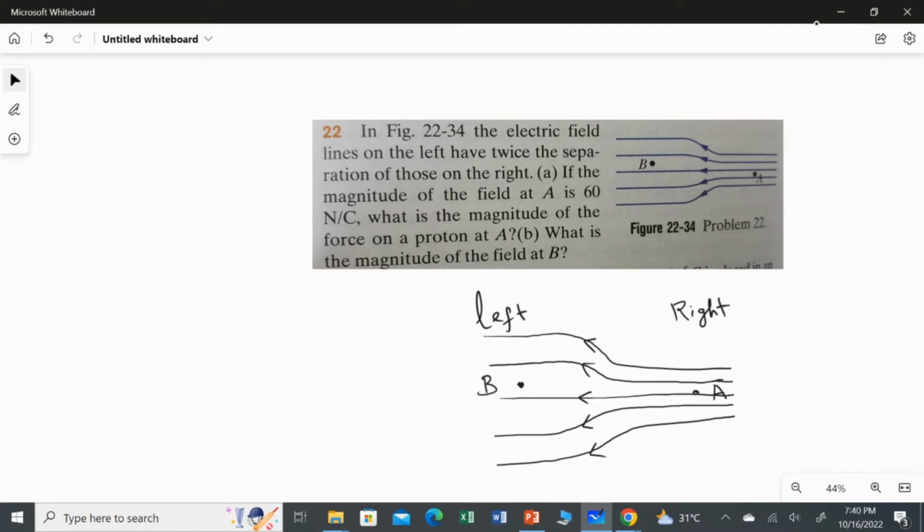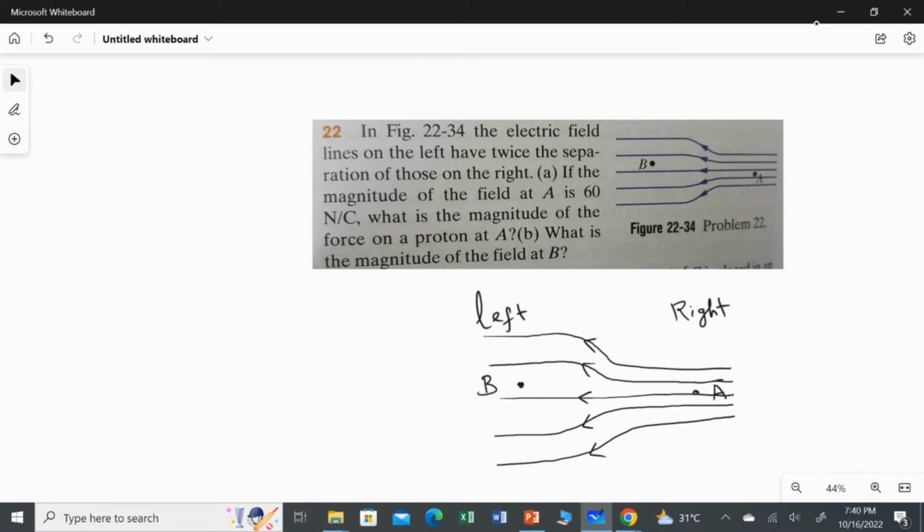The electrical field lines on the left have twice the separation of those on the right. So you have to see the distance between the two lines. On the left hand side, the separation of the electrical field lines is double that of the right hand side. This is the information. Clear?